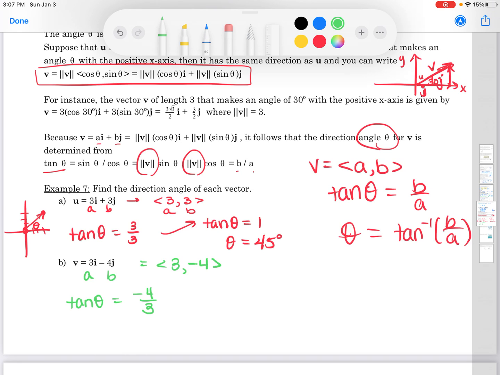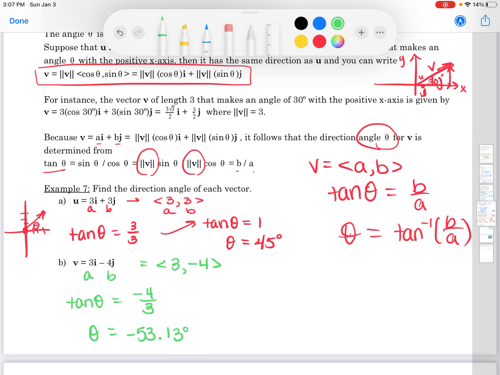Let's see, we need tan inverse, and we need to be in degrees. Tan inverse of negative 4 divided by 3. Yep, there we go. Okay, so we should get negative 53.1-ish, something like that.